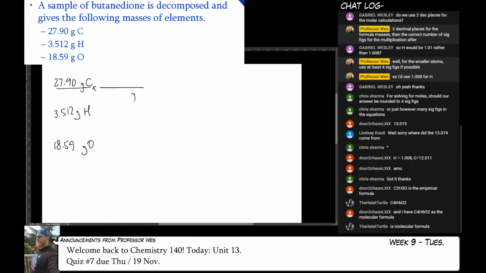So, same process we've been doing all along. We're going to turn grams of carbon to moles of carbon. And I should probably turn on my calculator before I start typing into it. I'm just blindly typing in numbers here. 2.323.